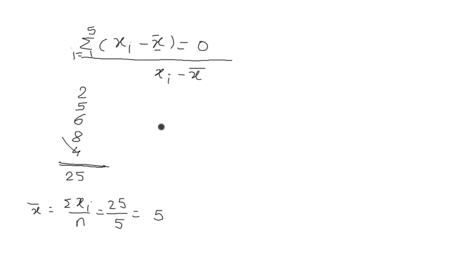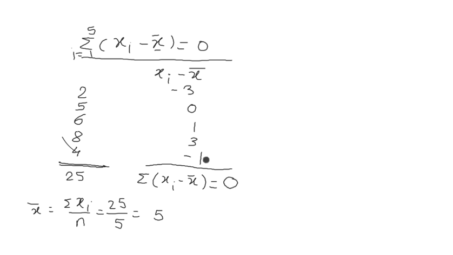We will first find this column, then we will find the sum. So let's find. We have x bar equal to 5. So 2 minus 5 is minus 3, then 0, 1, 3 and minus 1. If you add all these numbers, you will get the answer 0.